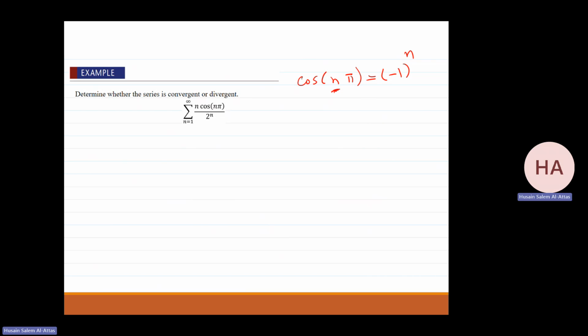If n equal 3, that is minus 1 again, which is minus 1 to the power 3. If n equal 4, that will be plus 1, which is minus 1 to the power 4, and so on. So this series, I can rewrite it as minus 1 to the power n times n over 2 to the power n.